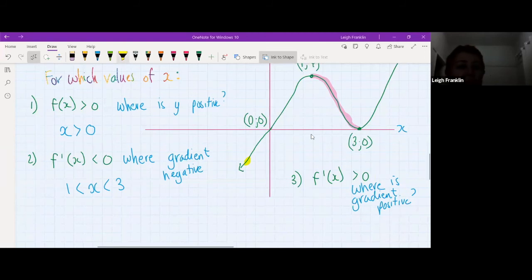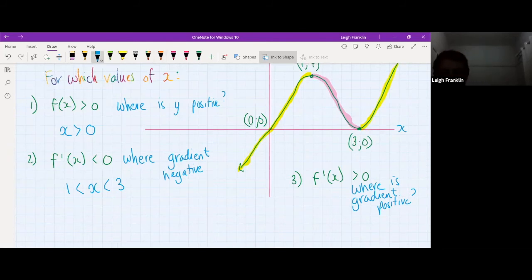So this is an increasing function all the way from negative infinity up to your turning point, and it is also an increasing function when x is a number that's greater than 3, which is what a lot of you have told me. So where is the gradient positive?